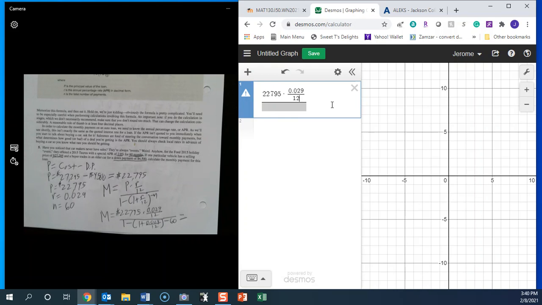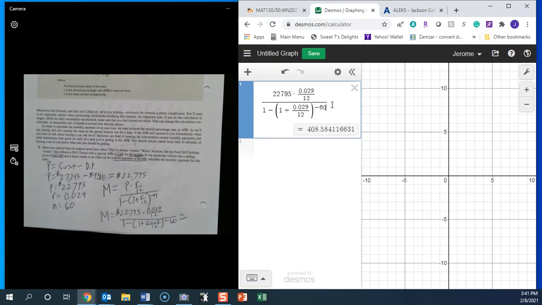Now that took care of the numerator. Now we go down here to the denominator. We have 1 minus the parenthesis, 1 plus 0.029 divided by 12, and then press the right arrow and put your parenthesis. Now we have to take this to the negative 60th power.